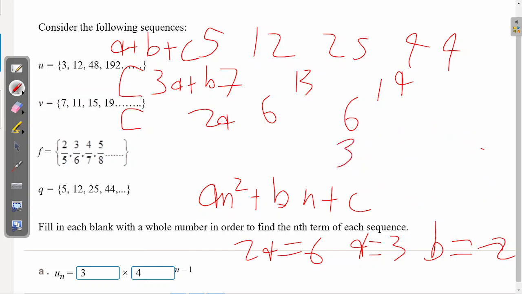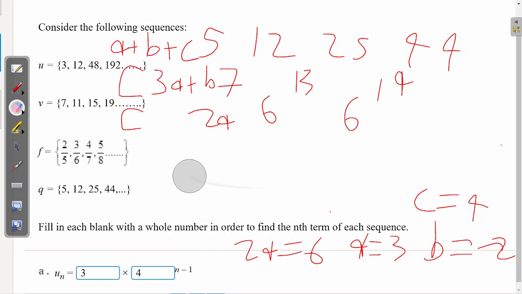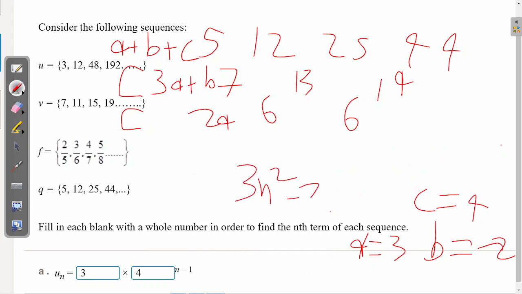So 3 plus negative 2 plus c equals 5. So we get 1 plus c equals 5, so c equals 4. In one equation, it will be 3n squared minus 2n plus 4.